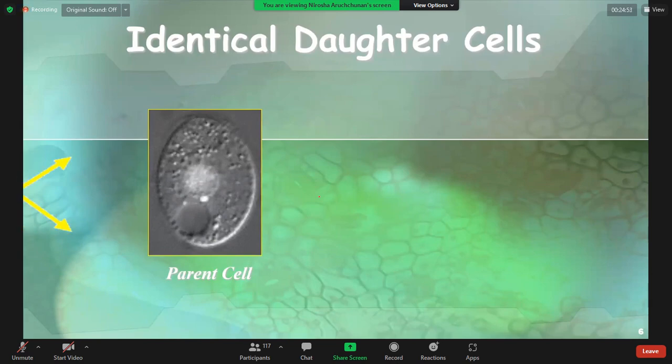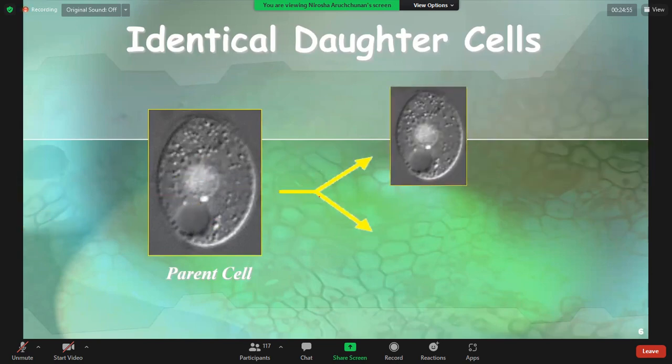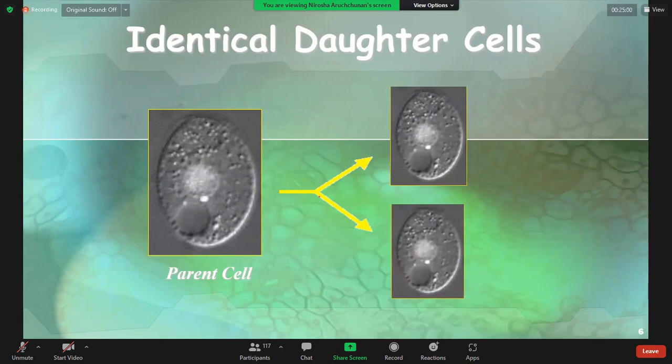Identical daughter cells mean the same shape and structure, not size. From the parent cell, two cells will form. The shape and structure are the same as the parent cell, but small in size.